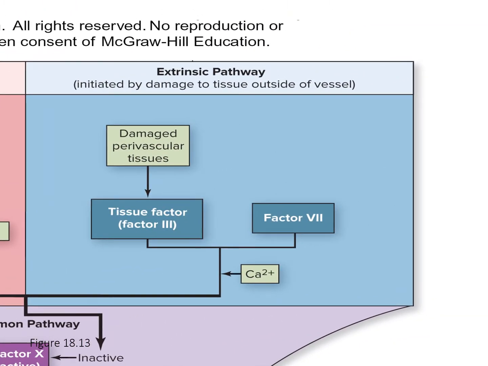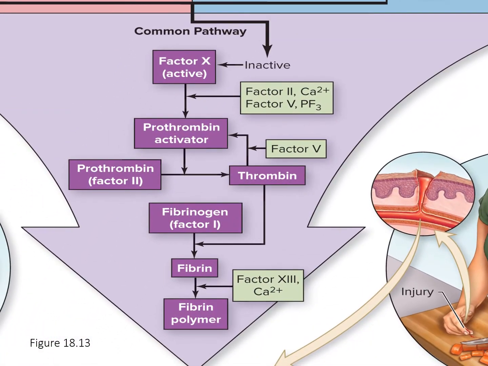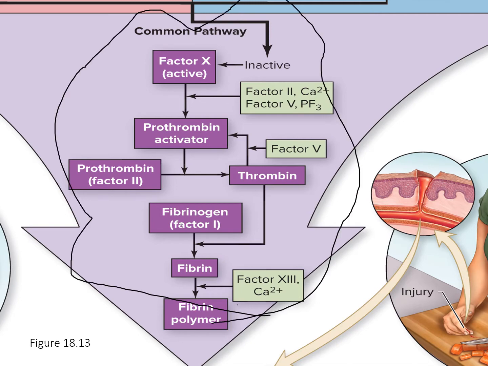Extrinsic means the vessel itself is okay, but the area around the vessel was crushed. And you'll notice these last couple or 3 steps are basically the same. It's called the common pathway. Prothrombin turns into thrombin, and then thrombin is basically what causes fibrinogen to turn into fibrin. It's that simple.